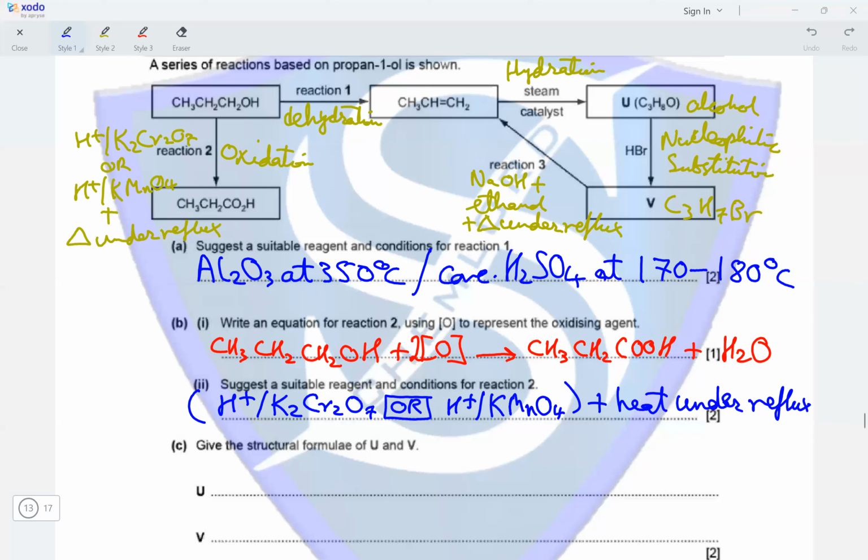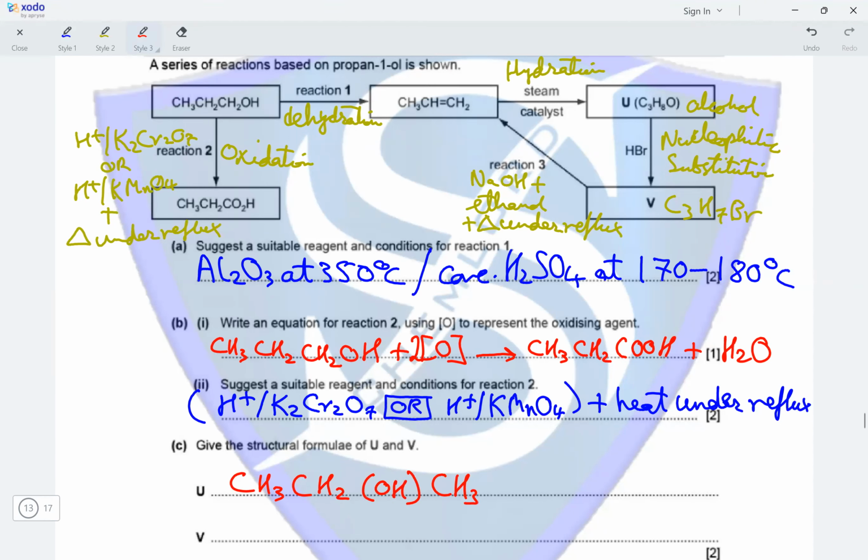Give the structural formula of U and V. So compound U would be an alcohol. So we would have CH3CH(OH)CH3.